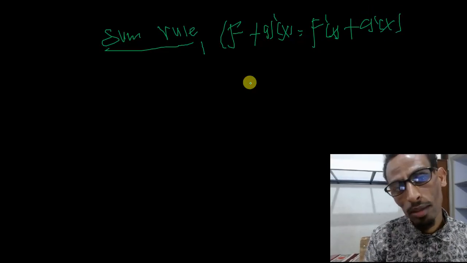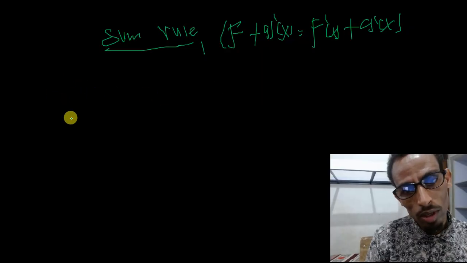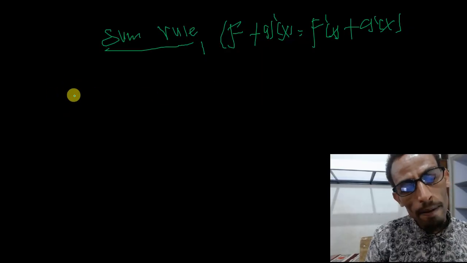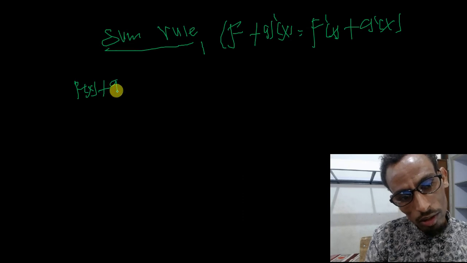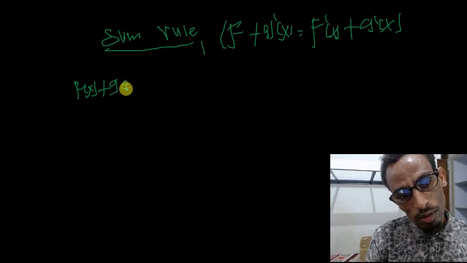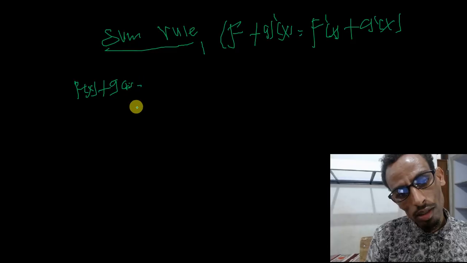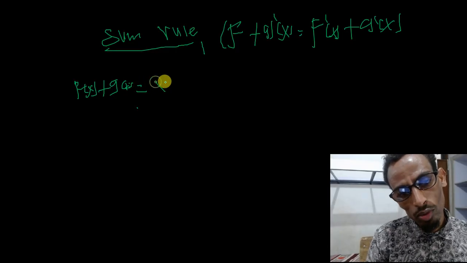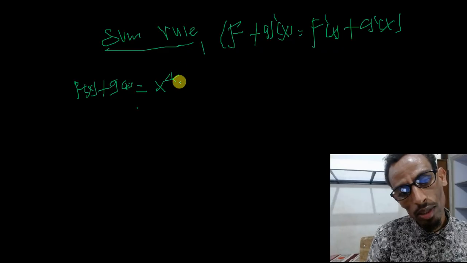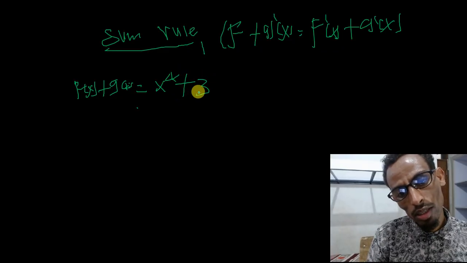What does it mean? Let's say for example f of x plus g of x is given by x to the power of 4 plus 3 x to the power of pi.